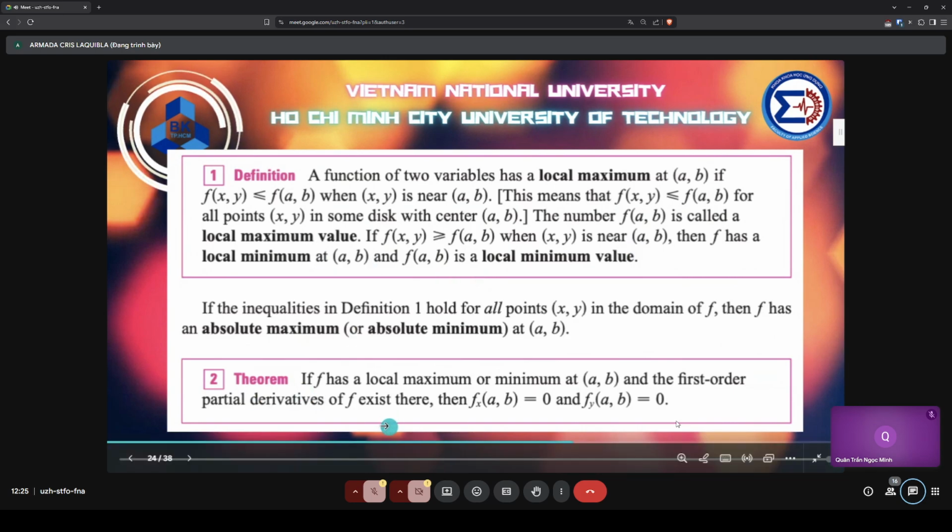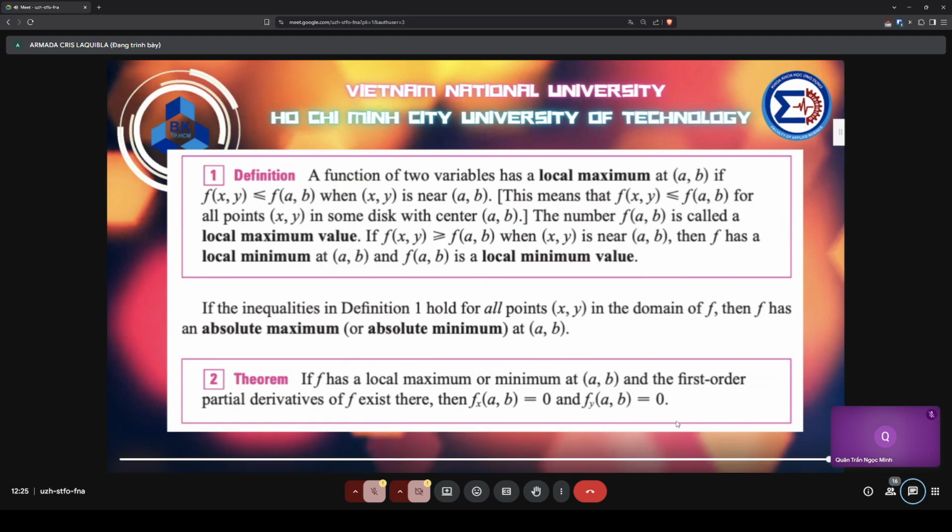Now, there's a theorem: if f has a local maximum or minimum at a, b, and the first-order partial derivatives of f exist there, then fx of a, b is equal to 0 and fy of a, b is equal to 0.